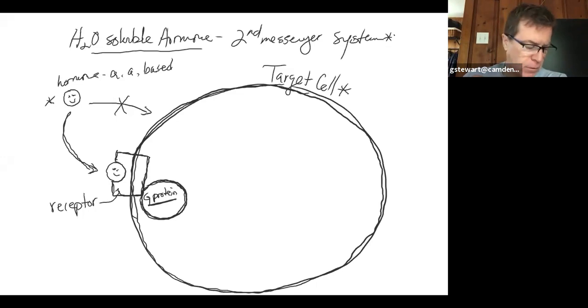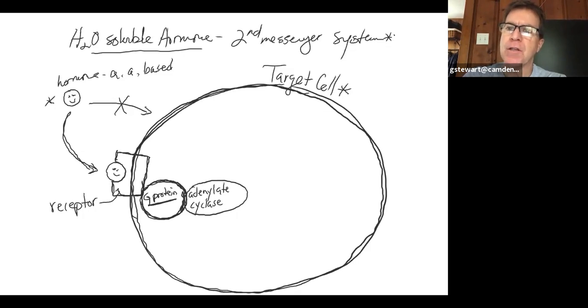activates something called adenylate cyclase, which is an enzyme. So I'm going to draw this. I'm going to draw an enzyme attached to the G protein, and I'm going to write adenylate cyclase. That is an enzyme that gets activated by the G protein being activated.